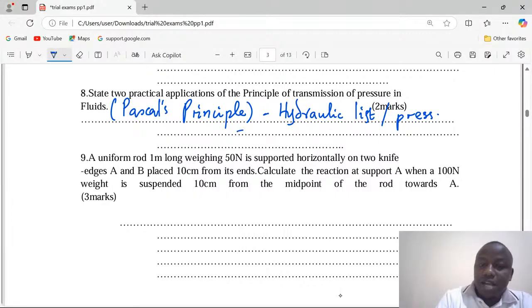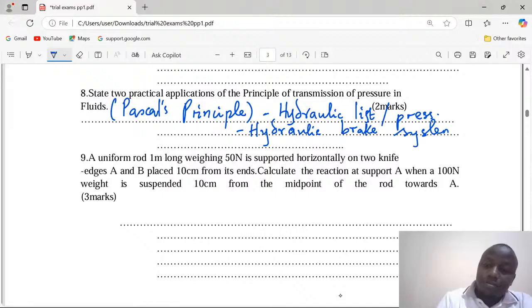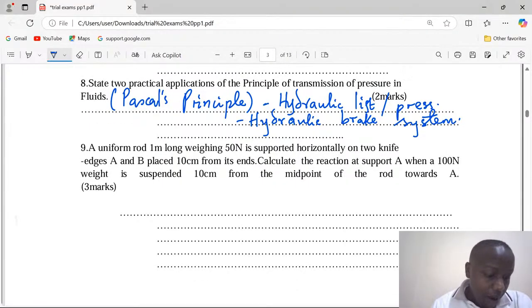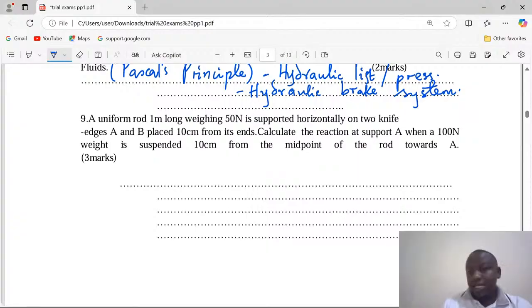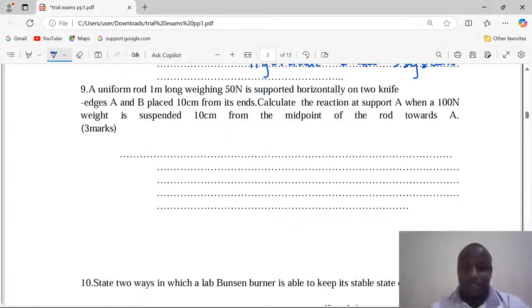We also have the hydraulic brake system. Yeah, the hydraulic brake system also applies the same principle.